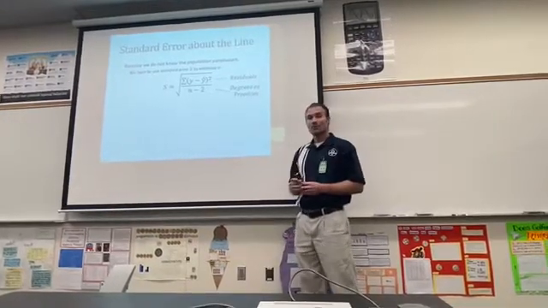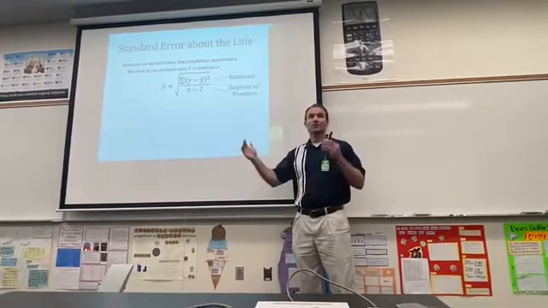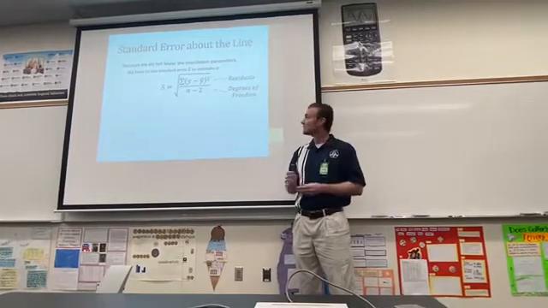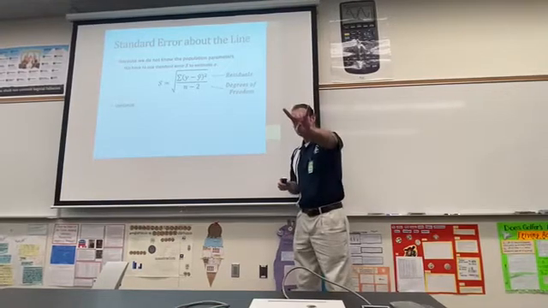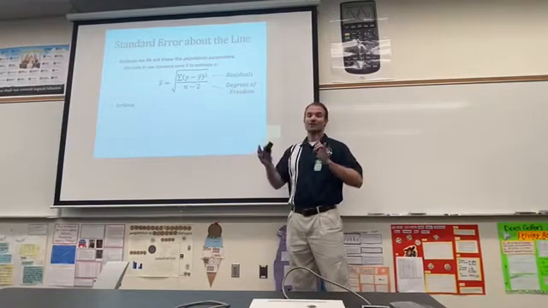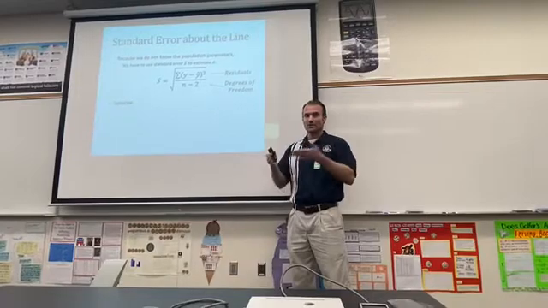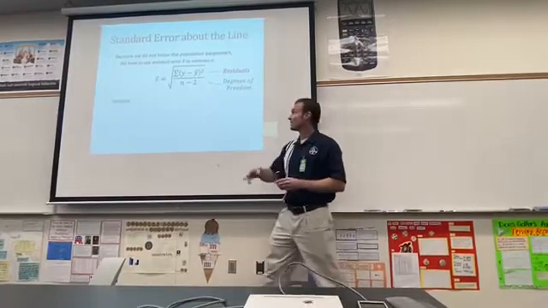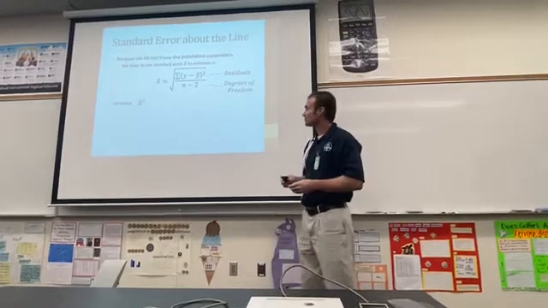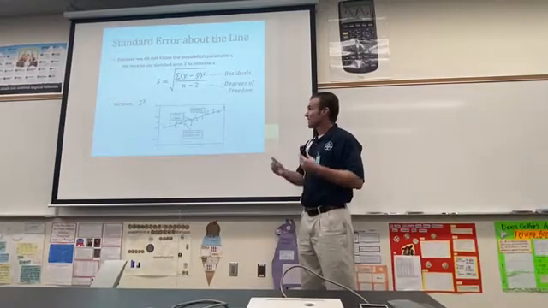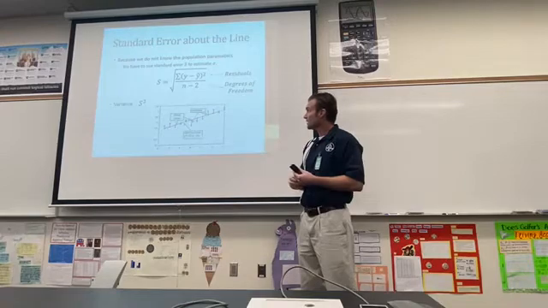You can see degrees of freedom is now n minus 2 because we have two variables, x and y. If you only have 2 points, you're not going to have any variation about the line. You get 0 variation, so you have to have a minimum of 3 points in order to show any variation. And of course, the variance would be s squared.